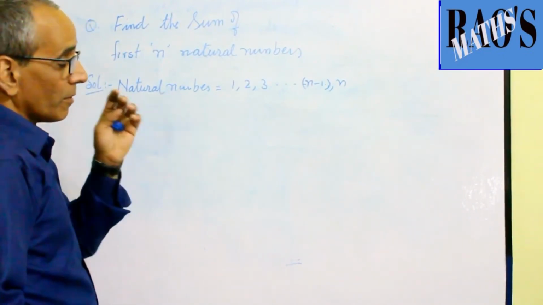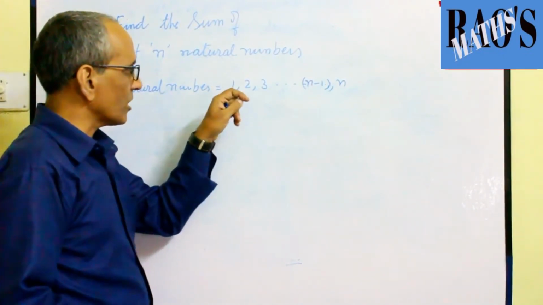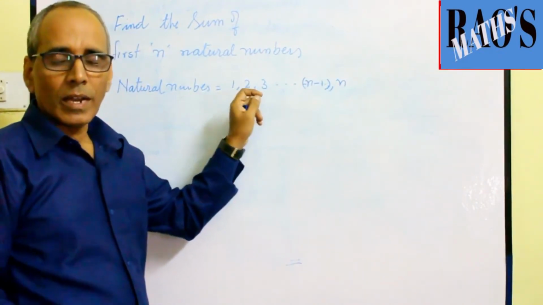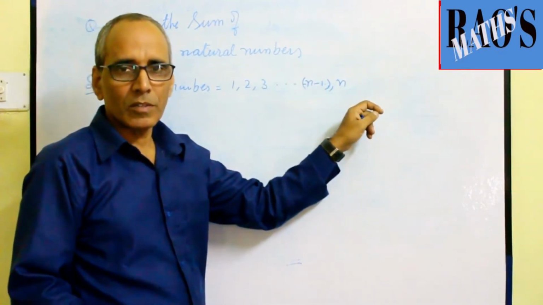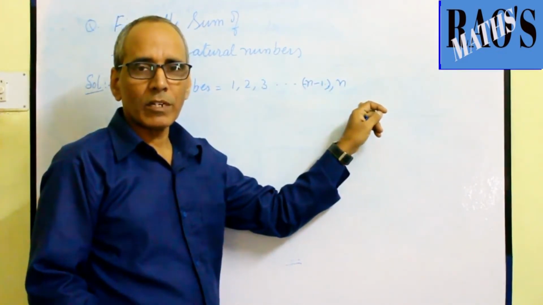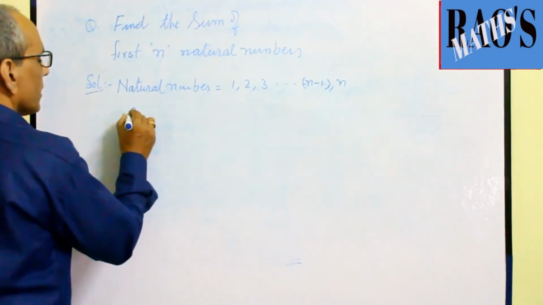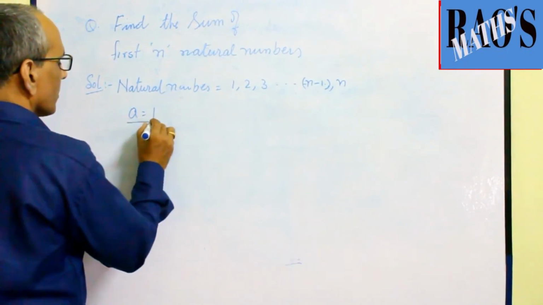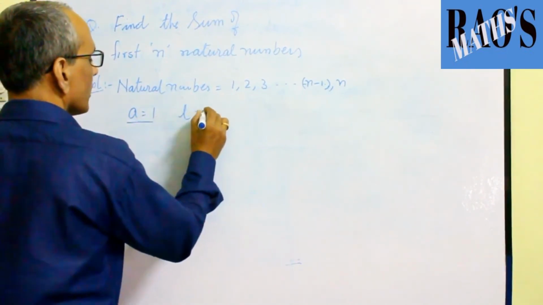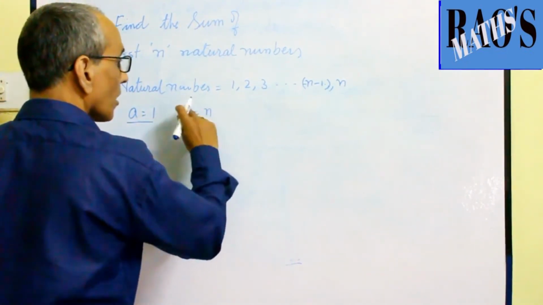Which formula can we use here? Because we know the first term of the AP and the last term of the AP, I can use n by 2 of a plus l. So here a is equal to 1 and l is equal to n, which is the last term of the AP.